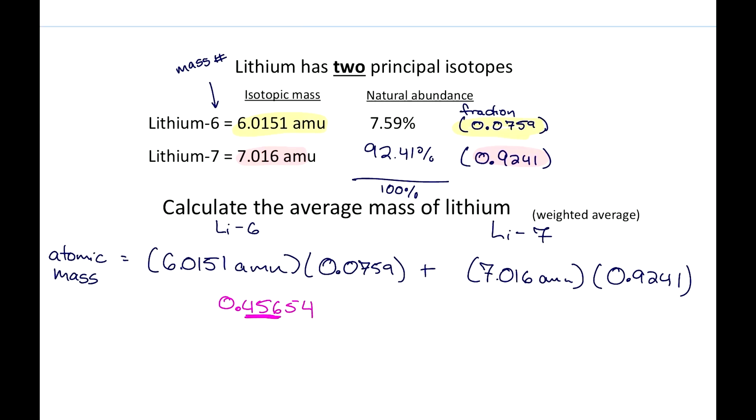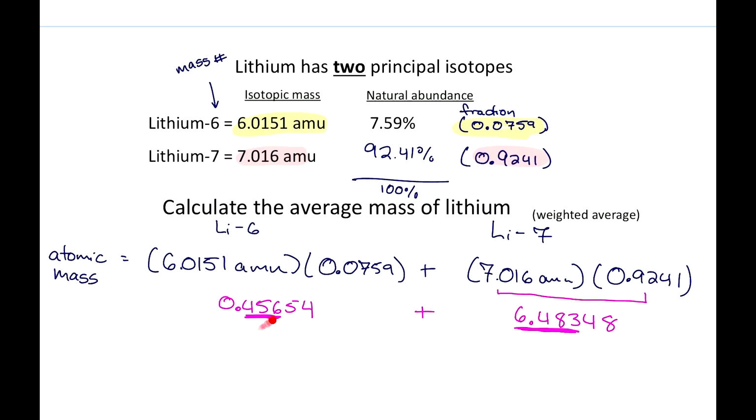So 3 decimal places, but I'm not going to round yet because I'm not done yet. And then I'm going to add the second one. So if we do multiplication here, 4 sig figs, 4 sig figs, how many sig figs in my answer? 4. And so you put this in your calculator, it's 6.48348. So only these 4 first digits are significant.